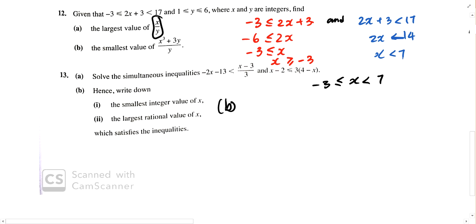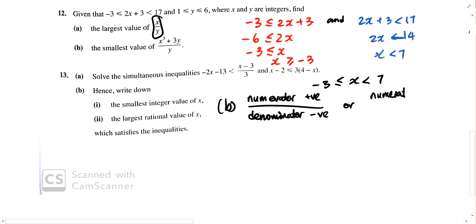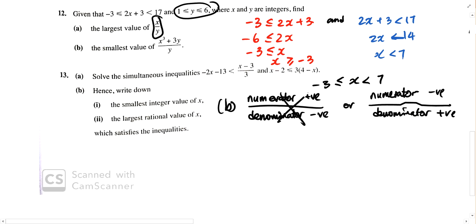Negative fraction occurs when numerator is positive, denominator is negative, or numerator is negative divided by denominator positive. Here we have y being a positive number. Okay, so we don't have to consider this case anymore.